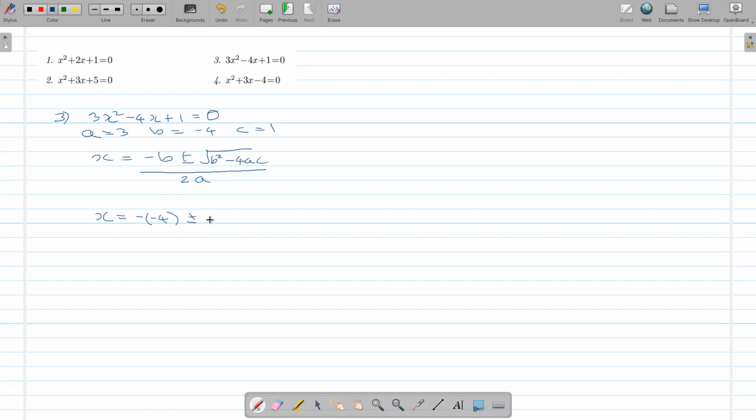Then plus or minus the square root of minus 4 squared minus 4A, no? A is 3 and C is 1, over 2 times A, which is 3.